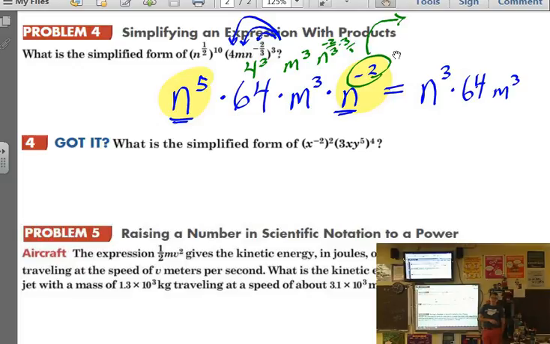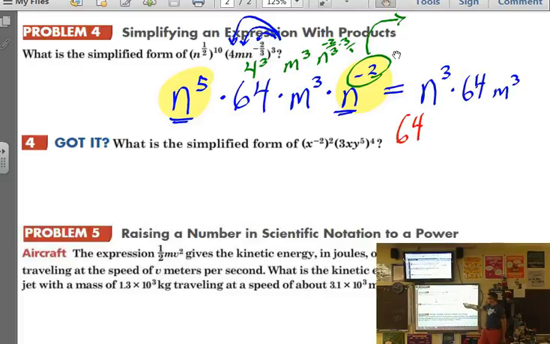Remember, the power only applies to its base, unless it's outside of parentheses, and then it applies to each base in the parentheses. Thank you for the question. Caleb? Could we just combine that to 64 n to the third power and m to the third power? Yeah, there's no right versus wrong.